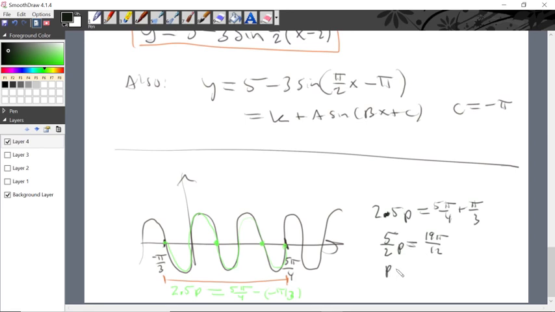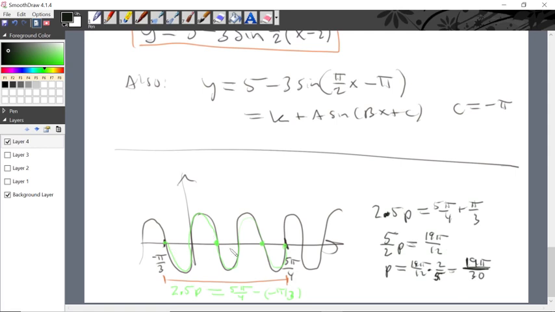Multiply by 2 over 5, so p is equal to 19 pi over 12 times 2 over 5. The 2 cancels with 12, giving us a 6 down there. So I get this weird number, 19 pi over 30. That would be the period.